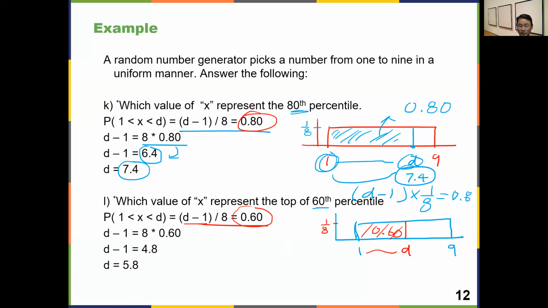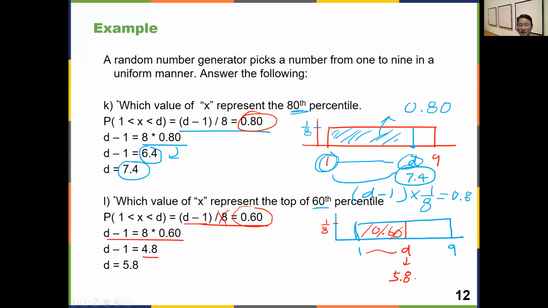So you multiply 8 on both sides to get rid of this bottom 8, and that's what you get. So 8 times 0.6 is 4.8. Add 1 on both sides, 5.8. So that D really has got to be 5.8. The 5.8 below is going to be 60%.